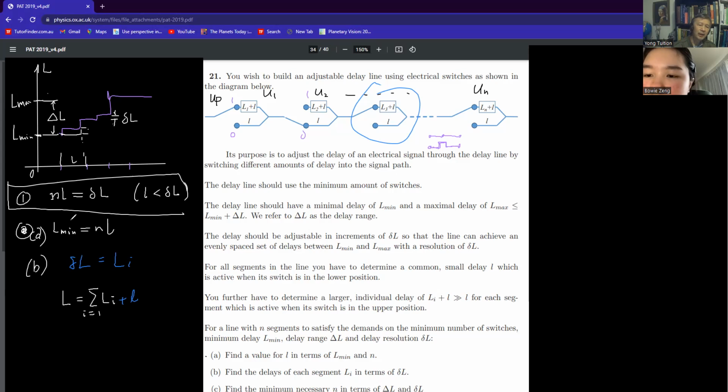Then we have to recall this question. I think that was my first question and first equation. This is your equation, right?